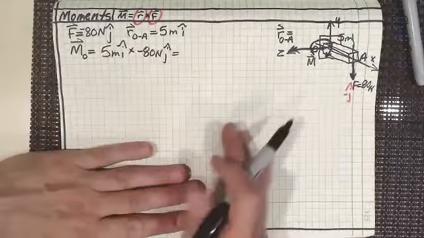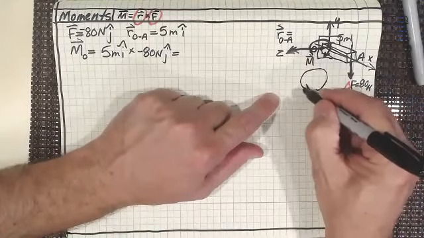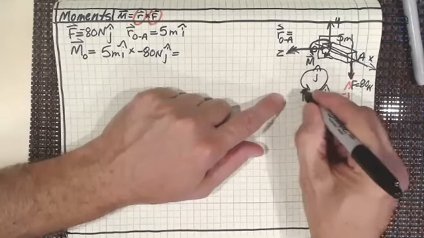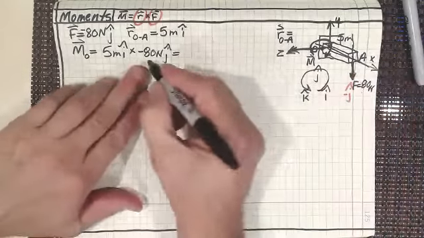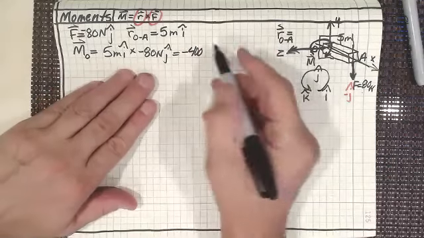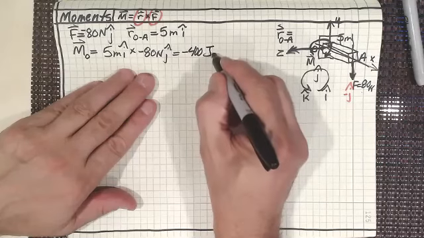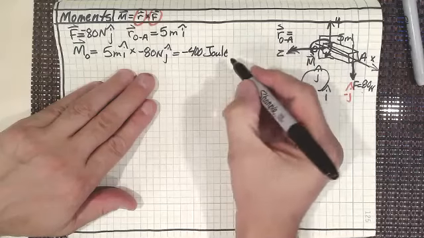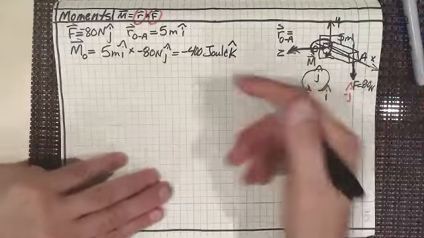And I cross J, let's draw our little diagram that Beer and Johnston gave us: I hat, J hat, K hat. I cross J gives me positive K. So it's going to be minus 400 Newton meters. And what is a Newton meter? A Newton meter is a joule. So minus 400 joules K hat. Does everyone see how I did that?